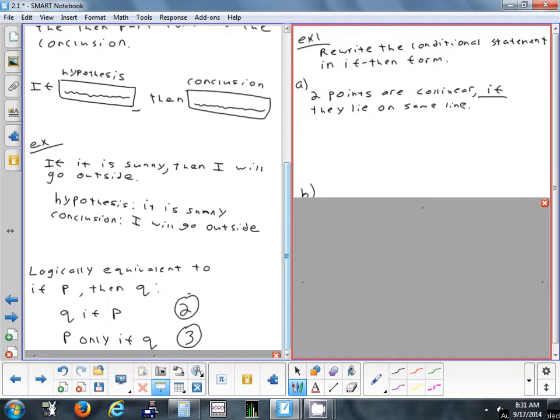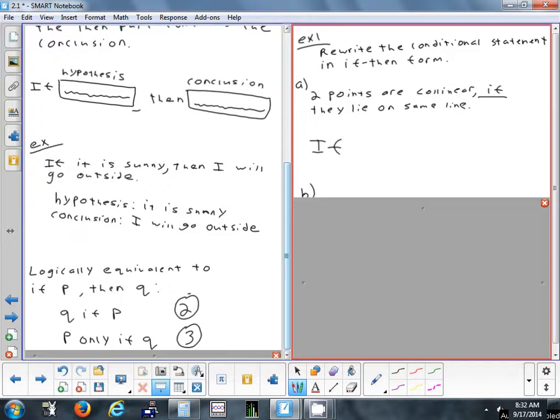Okay? So if we write it if P then Q, what's P in the sentence again, Connor? 2 points are collinear. So if they lie on... It gets a little tricky. Sometimes you have to add a word in to make it make sense. Like, see in this part, I use the word they.